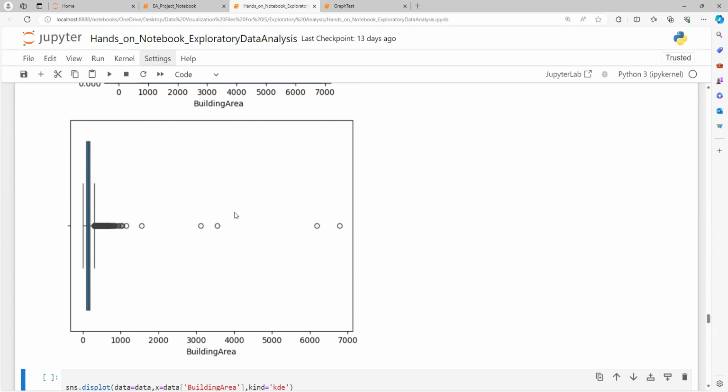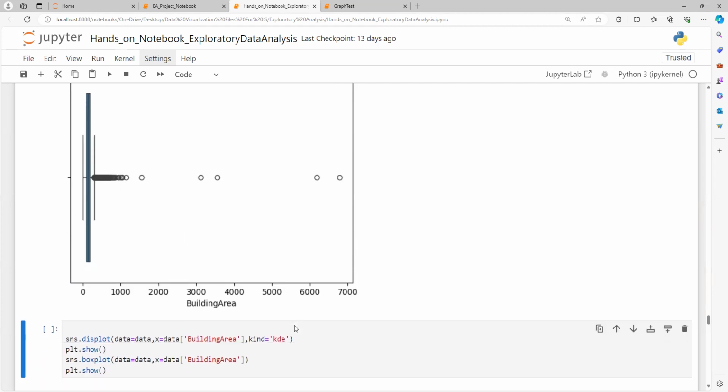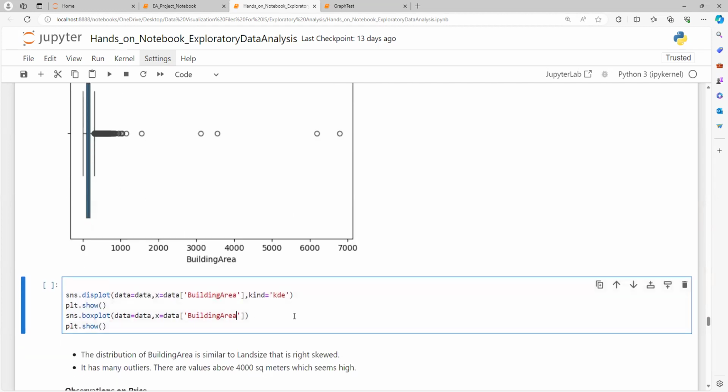But these two are actually not that abnormal. This one is extremely abnormal. From what I understand about sizes, even large mansions are typically in this 3,000 to 4,000 range, not this 6 to 7. These are huge. So we need to look at this a little bit more. We want to know more about it.